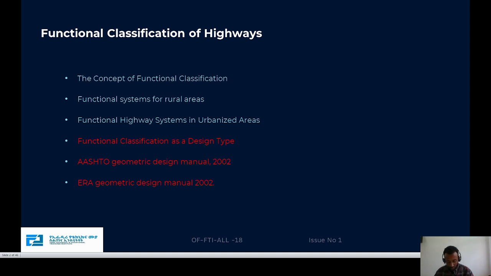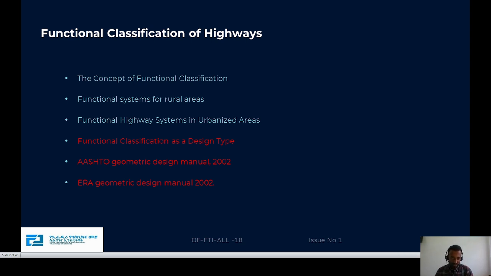In rural areas, the rural principal arterial, the minor arterials, major and minor collectors, and locals will be divided into four types of routes. Today we also deal with the functional classification as a design type, and with the AASHTO and ERA geometric design manuals.